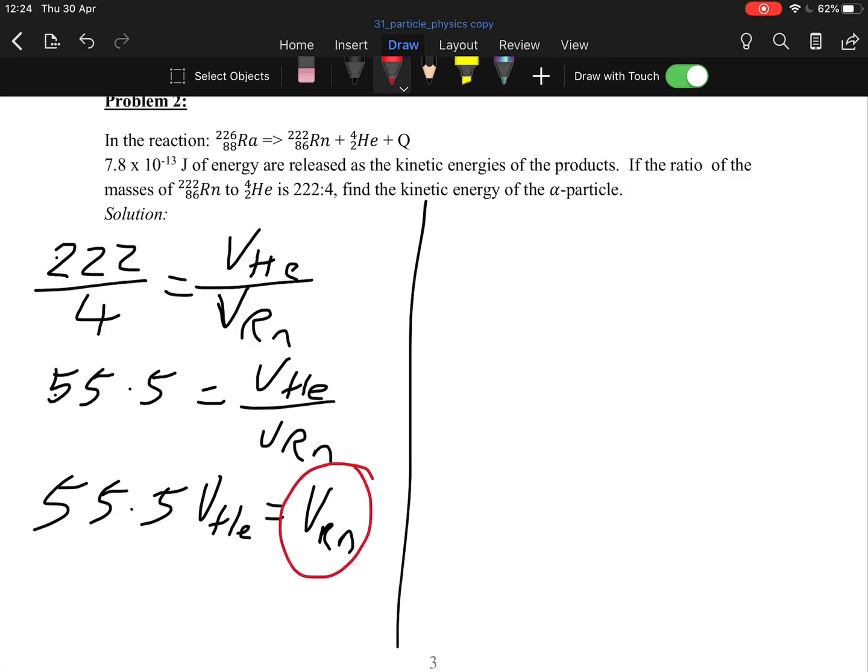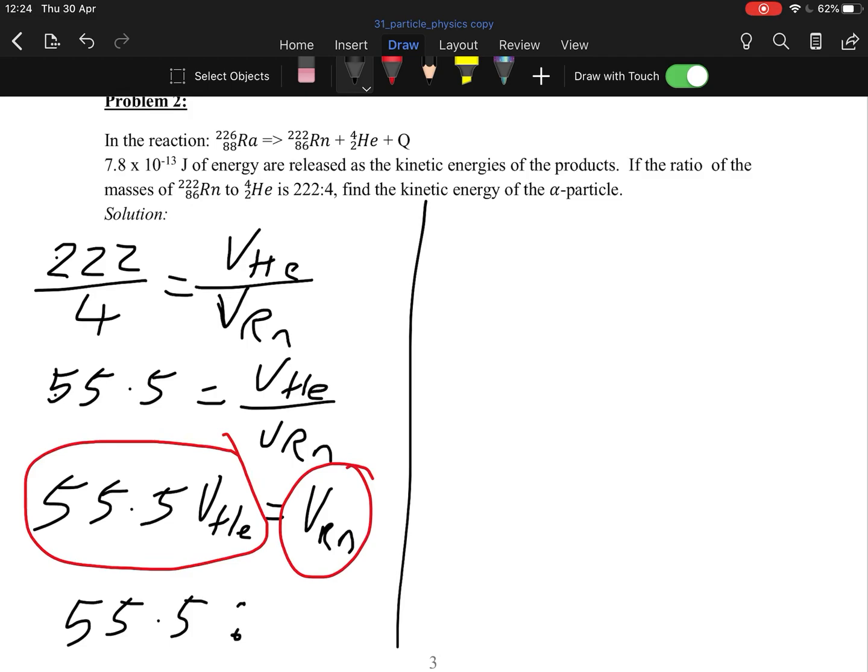So this is the same as 55.5 times the VHe, okay? So in other words, our ratio here is 55.5 to 1. Now that makes sense, all right?